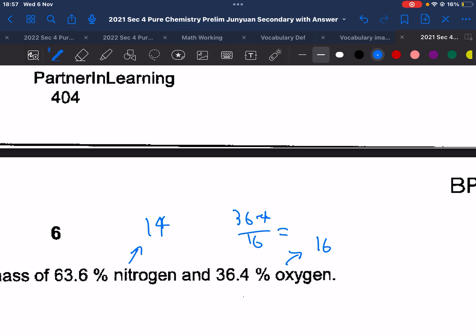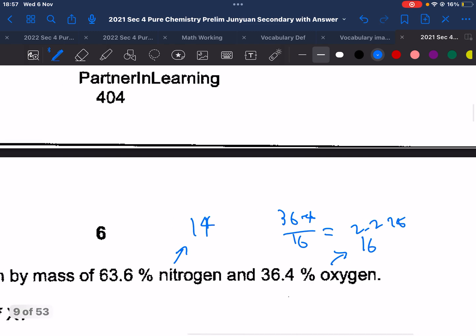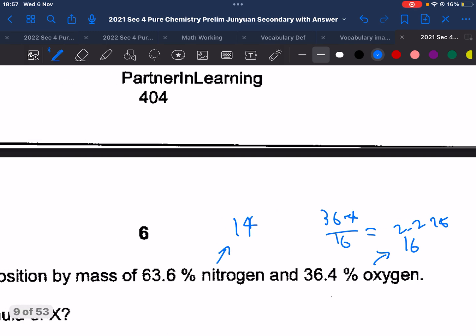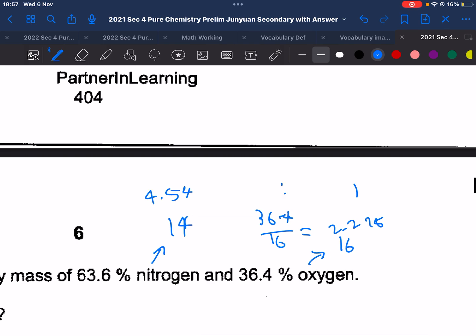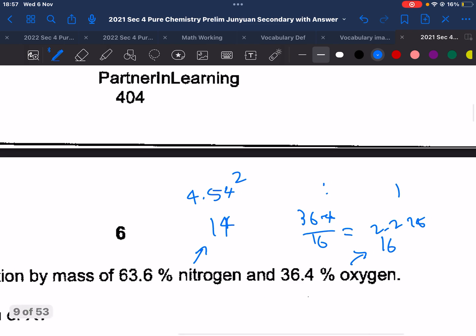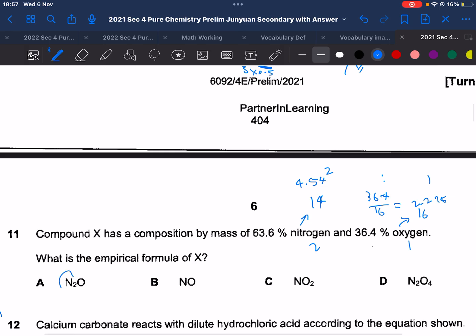Okay, 36.4 divided by 16 will be about 2.275. This will be 63.6 divided by 14, 4.54. So we can clearly see that this is actually twice the ratio. So there will be 2 nitrogen atoms to 1 oxygen atom. Okay, so it will be 8.